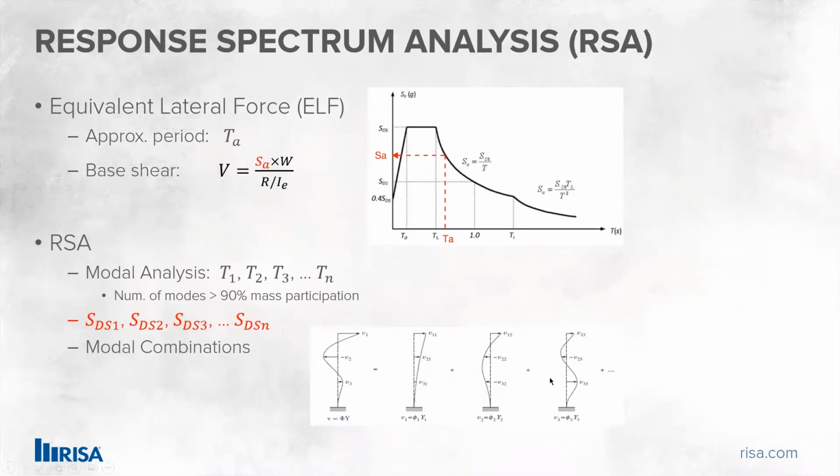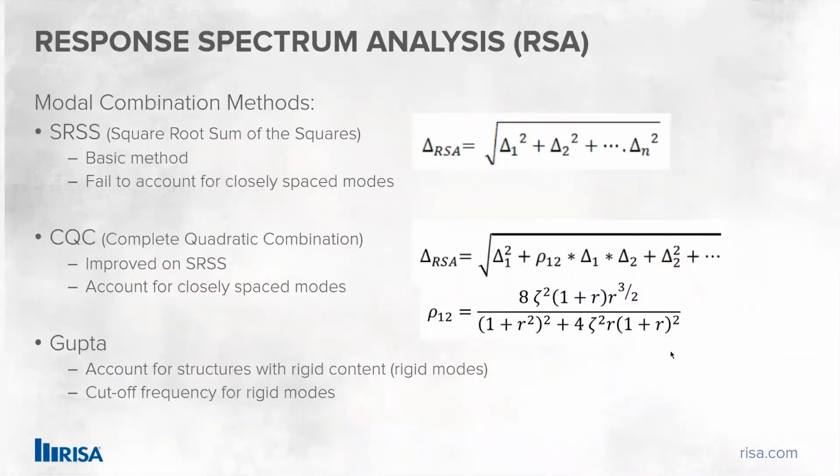For combining those mode shape results, there are multiple ways. We have the typical square root of the sum of the squares, or we have the complete quadratic combination. The first one, I think, was used a long time ago, and it's a basic method that very few people still use.